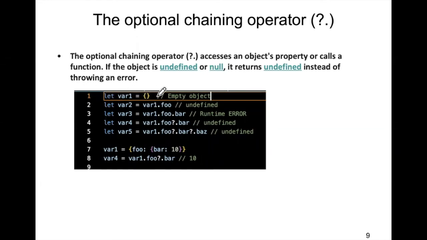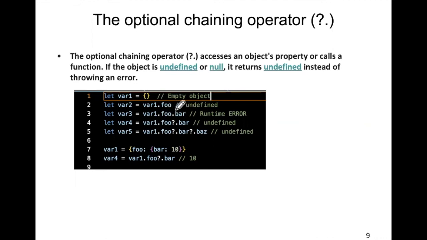So if we just follow this little code excerpt here, I'm declaring a variable called var1, and I'm assigning it an empty object. And on the next line, I'm trying to access a property called foo of that object. Now, that expression is going to return undefined. And JavaScript won't throw any exception on this line. But if we look at the next line, then I'm actually interpreting foo as if it's a valid property of var1, and I'm trying to access a property within foo called bar.